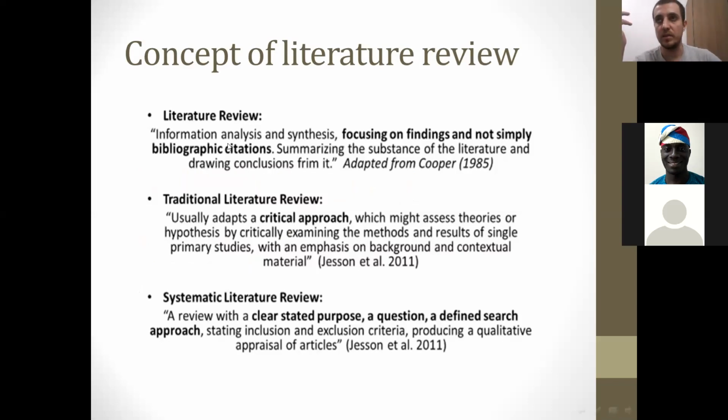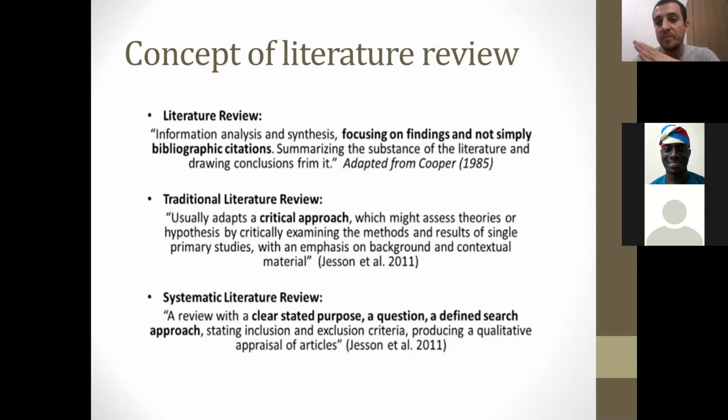If you ask yourself, what does literature review mean? It is a body of research and knowledgeable information that could be shared online in different research papers as well. So literature review is a kind of information analysis and synthesis. It focuses on findings and not simply bibliographic citation, like summarizing the substance of the literature and drawing conclusions from it.